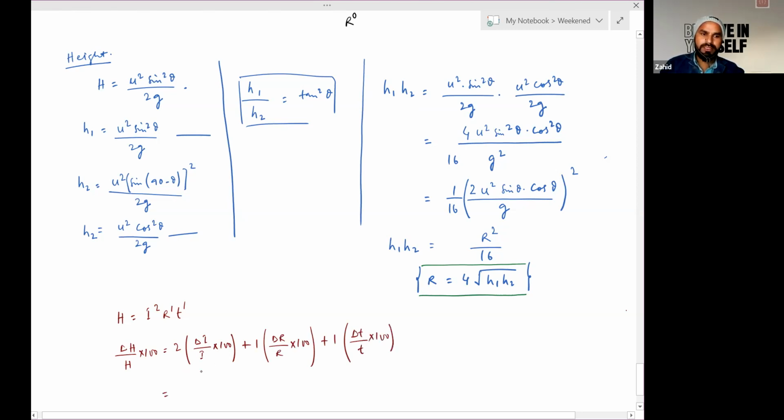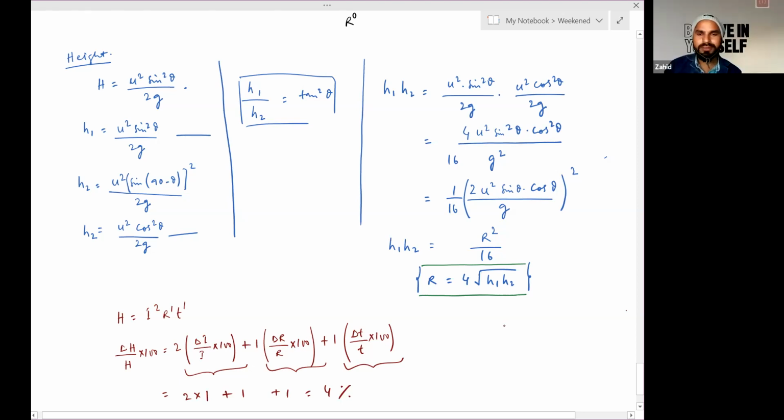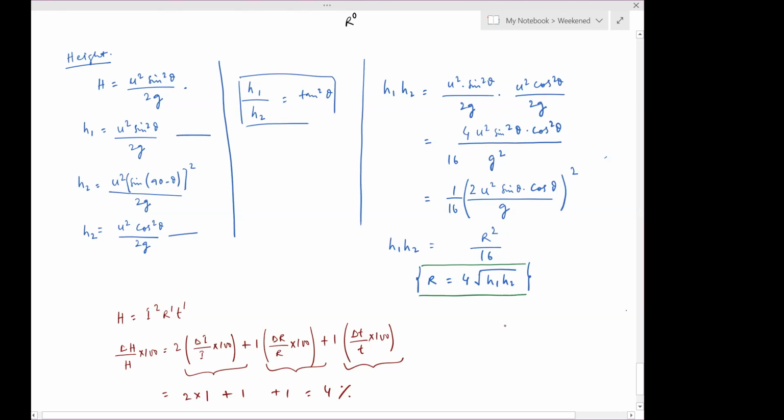As the percentage error in current is 1, resistance is 1, and time is 1, it will be 2 into 1 plus 1 plus 1. So it will be just 4%. But sir, there's no option like that. So tell me the options. It is 8%, 6%, 18%, and 12%. Here they only gave dimensions for two quantities, that is resistance and current. They wrote, if the error in measuring the above are 1 and 1 respectively.